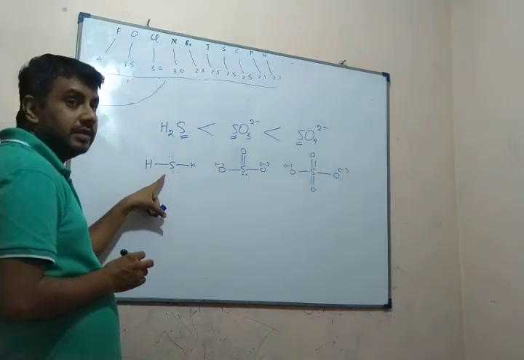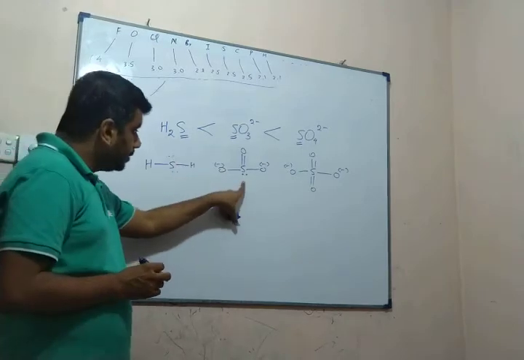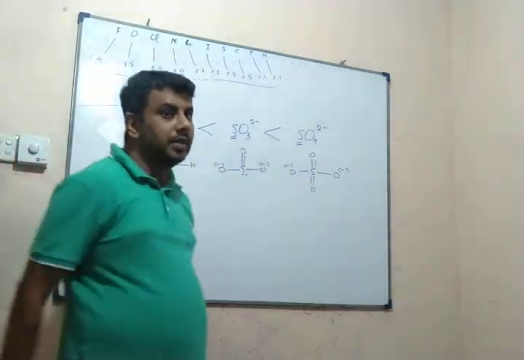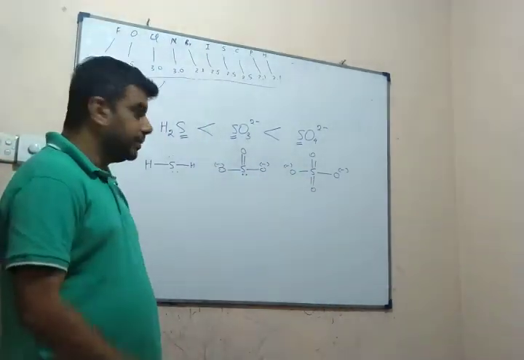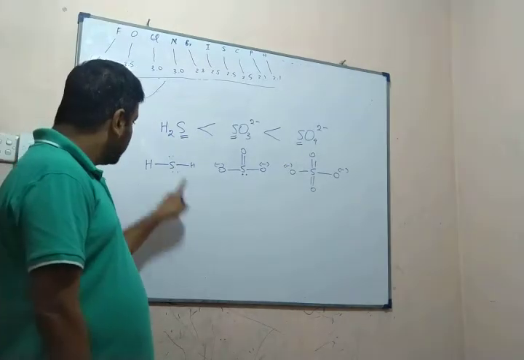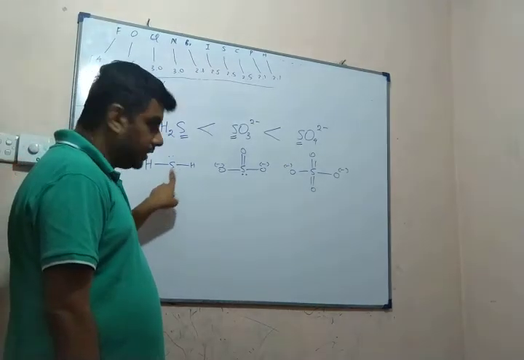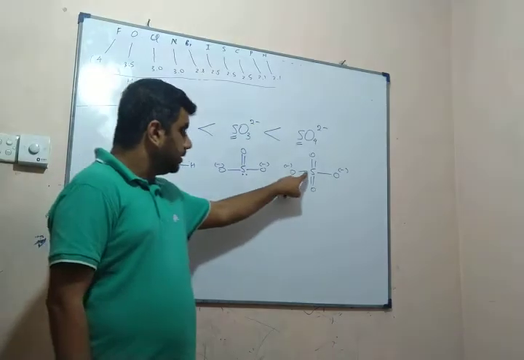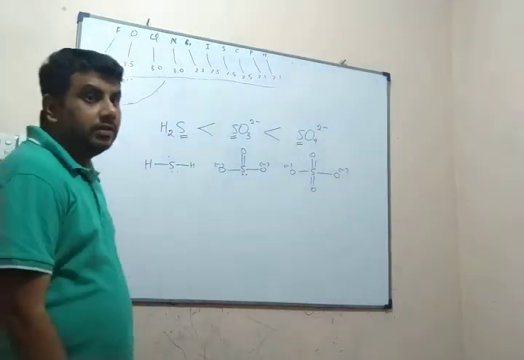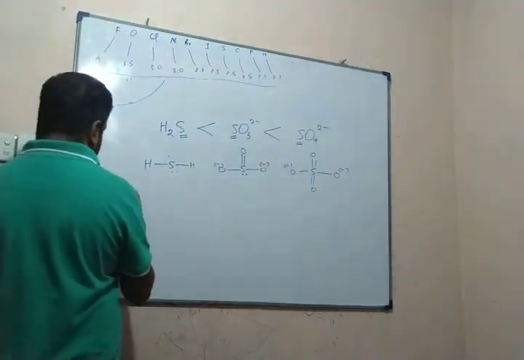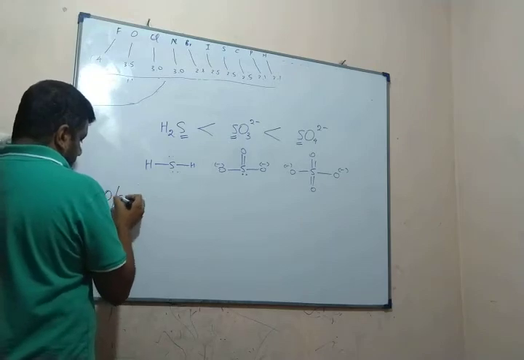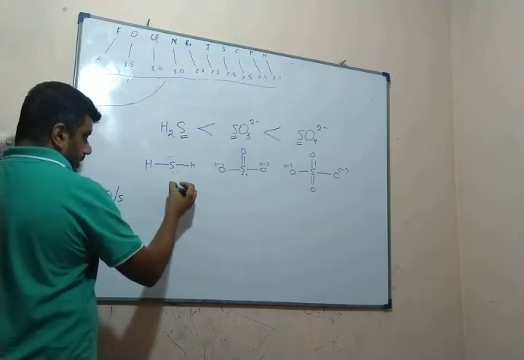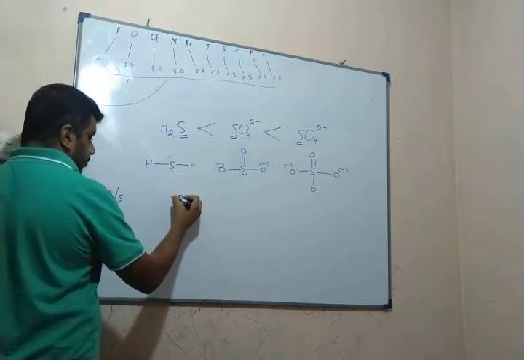Type of hybridization is the same: sp3, sp3, sp3. So you can't compare this by hybridization. Charge is the same, 0. So the charge of sulfur is 0, 0, 0. And oxidation state. Oxidation state of this sulfur is -2.